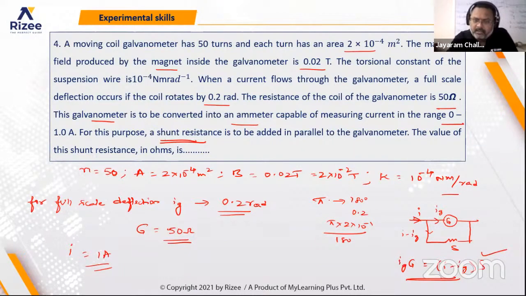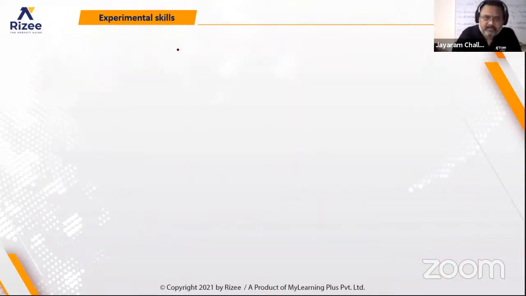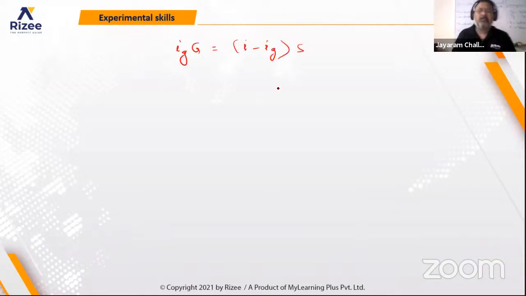So to find that, we have written the formula Ig into G is equal to I minus Ig into S. I want to find the S value here. He's asked that. G is known, I is also known, but the problem here is Ig is being given in terms of the deflection.